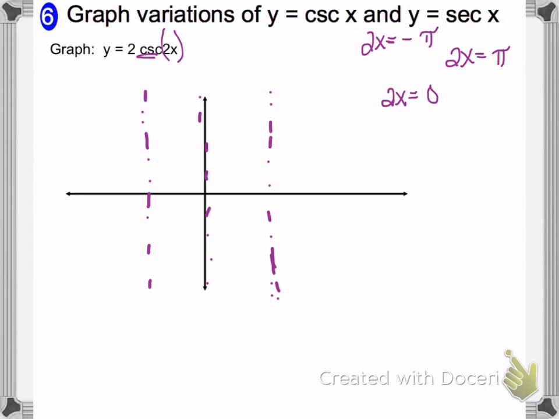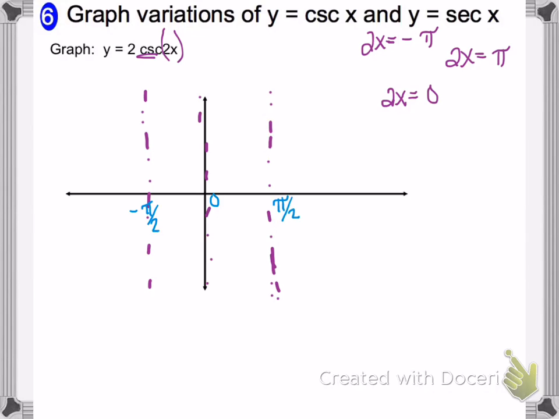The first vertical asymptote is going to be occurring at negative pi over 2. The second one is going to be occurring at 0. And the third one is going to be occurring at positive pi over 2. Okay?